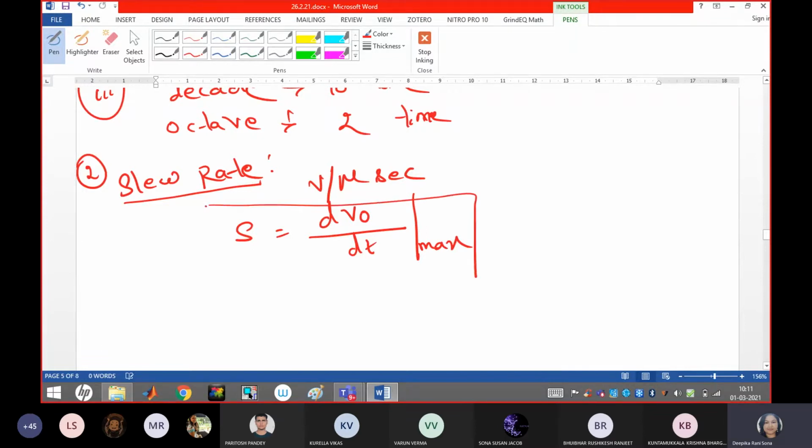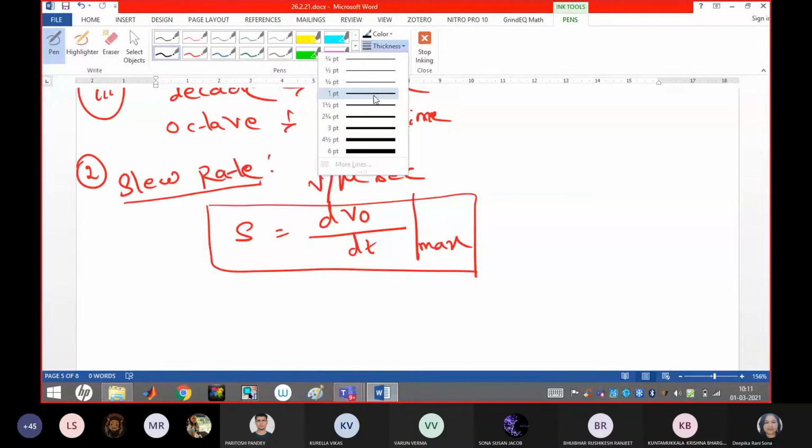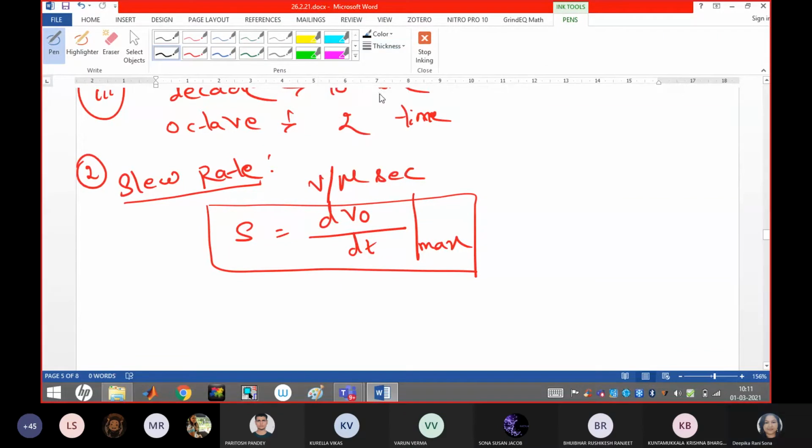Okay. This is not the only format to represent the slew rate. We can also represent the slew rate in terms of current. I can say that S equals Imax by C, where Imax represents the maximum internal capacitor charging current.